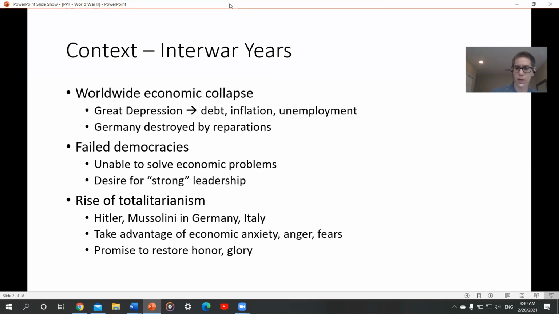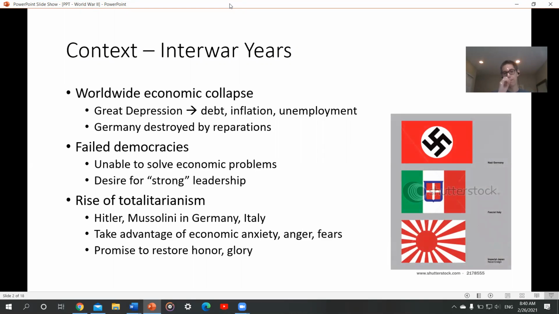So starting always with some context of what's going on during the interwar years. Remember, we had World War I from 1914 to 1918, and World War I was the first modern war, the first war with industrialized weapons. At the conclusion of World War I in 1919, the Paris Peace Conference created the Treaty of Versailles.